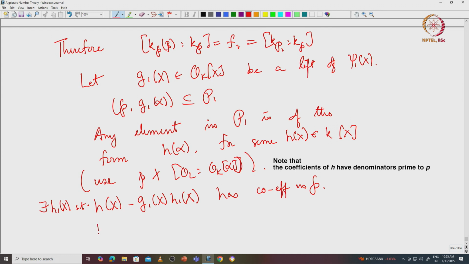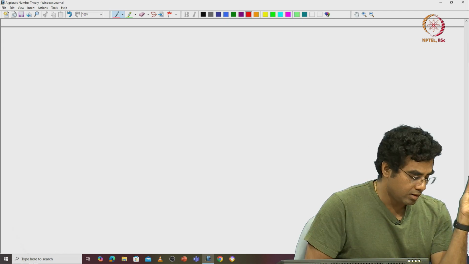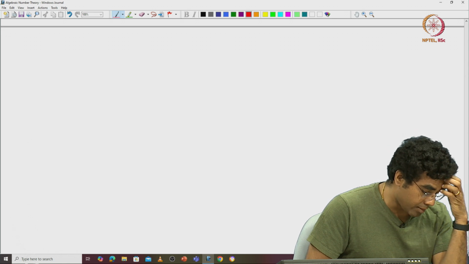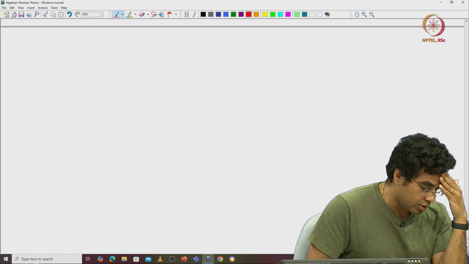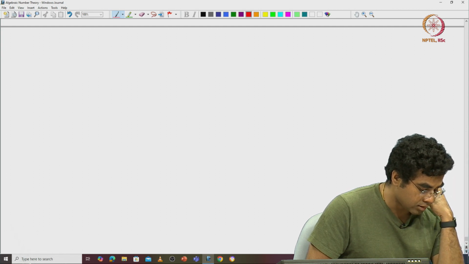So, hence h(alpha) belongs to the ideal generated by p and g_1(alpha). Okay. So, that gives that the ideal generated by p and g_1(alpha) is equal to P_1. We still need to show, we started with some irreducible factor of phi_1, we want to show that it is actually of the form that we are saying.